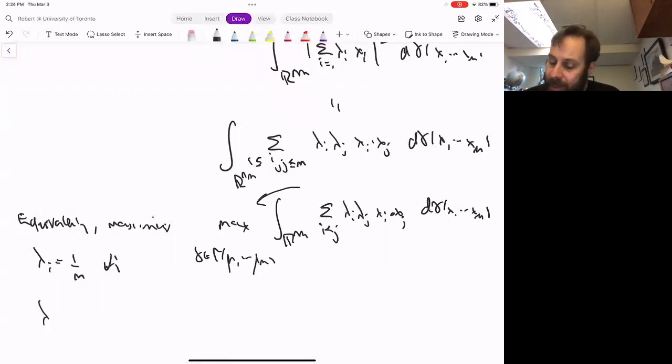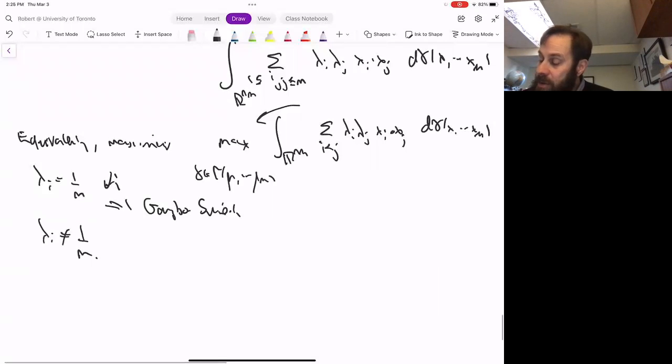If the lambda_i's are not all equal to this, then you can somehow absorb it, you can change the mu_i's. So you can define mu_i tilde to be lambda_i times the identity map, push forward mu_i.